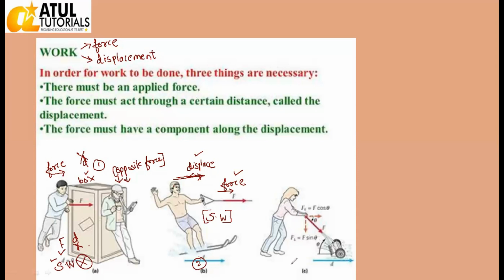In this third example, this girl is applying force and this appliance is displacing in this direction. So force is there and displacement is also there. So we can call this third task also as scientific work.